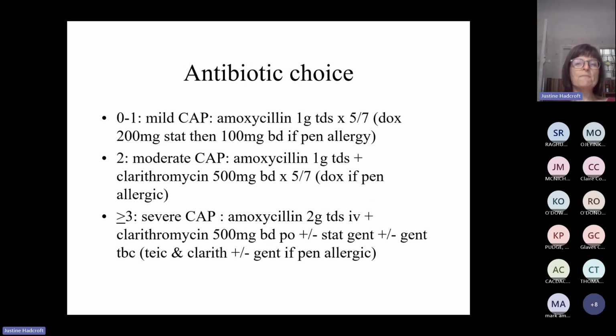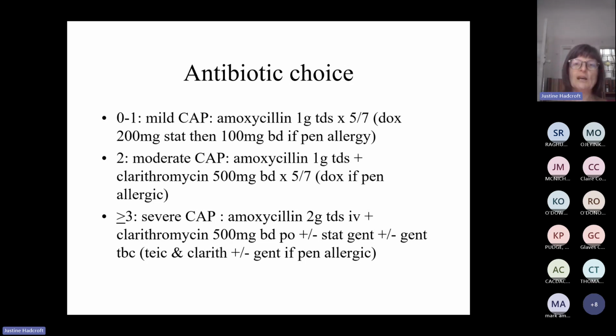So if you've got a CURB 65 score of 0 to 1, we call that mild community acquired pneumonia, and the mortality there is probably about 2 to 4%. And these patients can probably be treated safely as outpatients with oral antibiotics, unless they are hypoxic or have a comorbidity or another reason for being admitted to hospital.